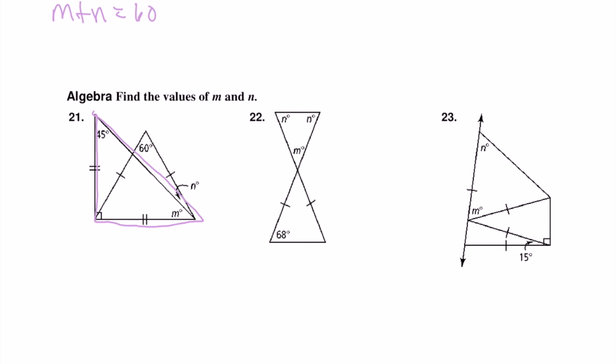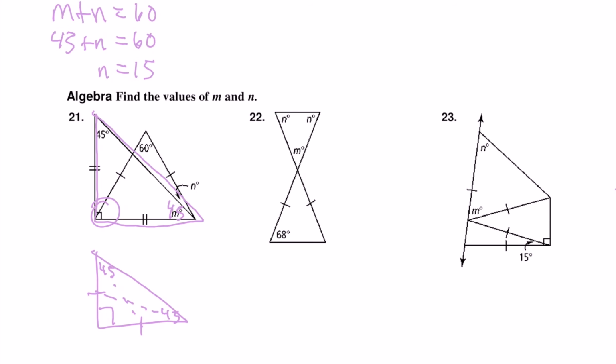So if you highlight that triangle, I know that this is 90. Here, let me redraw it. I know if this is 45, this is 90, and these two sides are congruent, well, across from this side is 45. The angle across from this side must also be 45. So m is 45. Well, I know that m plus n equals 60. So if this is 45 plus n equals 60, n must equal 15.